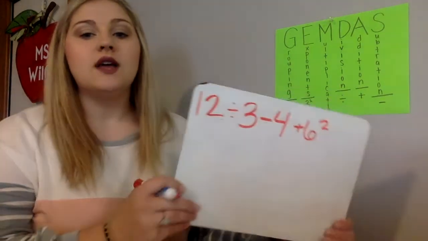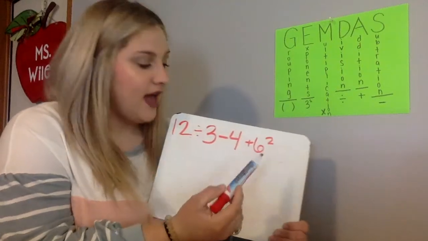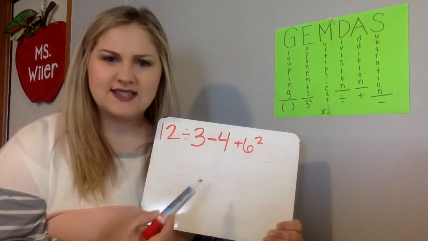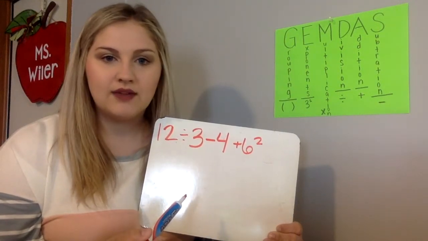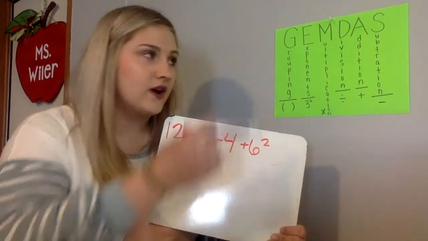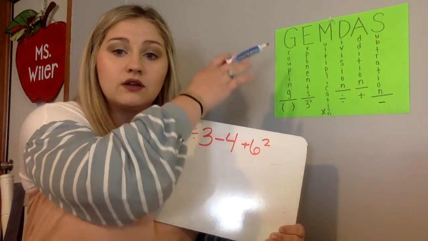If you have started on this, then you know that we need to do our exponent first. There's no parentheses in this problem, so that means we don't have any grouping that we need to solve for. So we need to do our exponent first because exponent comes next in GEMDAS.